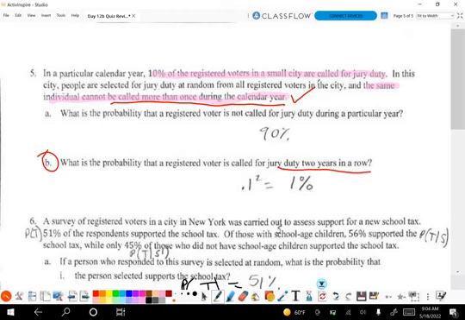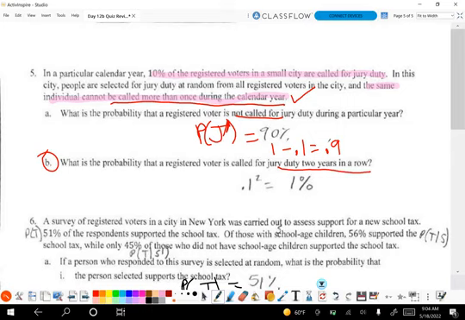The probability that a registered voter is not called is the complement of being called for jury duty. So that's J prime. J prime is found by taking all of the people and subtracting those called for jury duty. That's 0.9 or 90%.